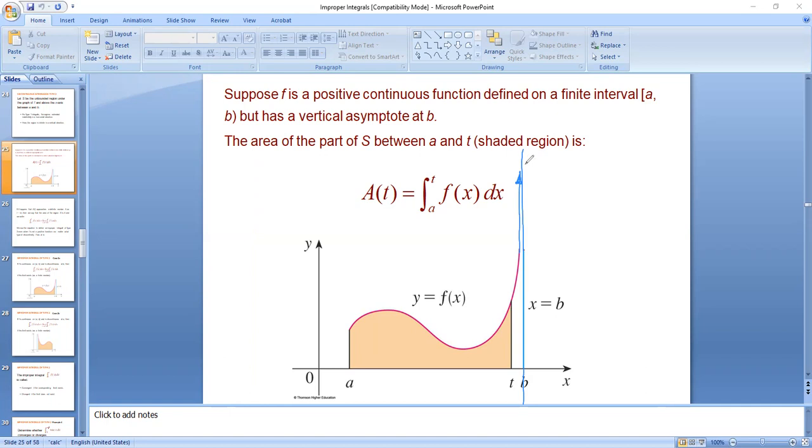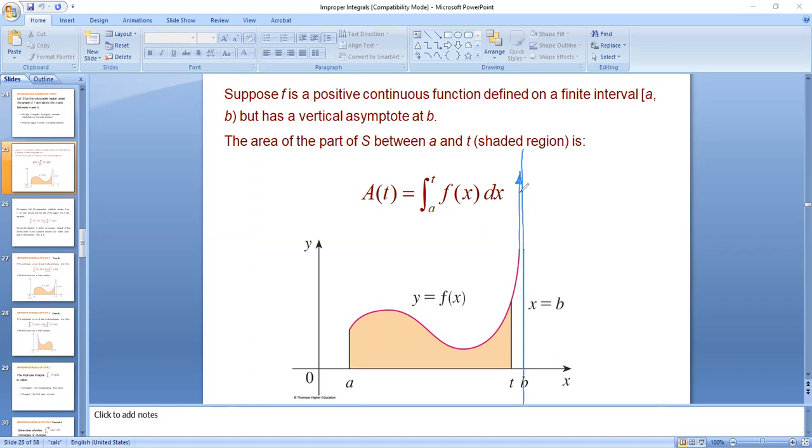It is being asymptotic to this vertical line x equal to b, where b is this line in here. And we say that this particular function has an infinite discontinuity as t approaches the value of b.